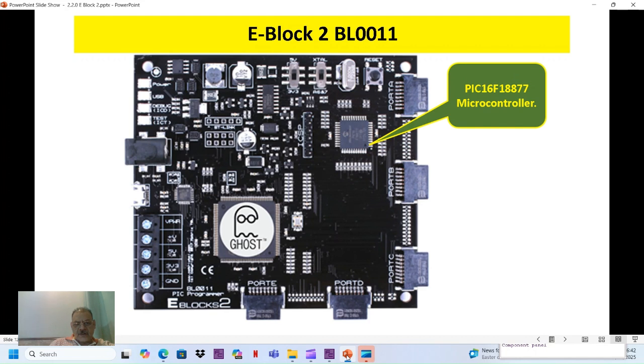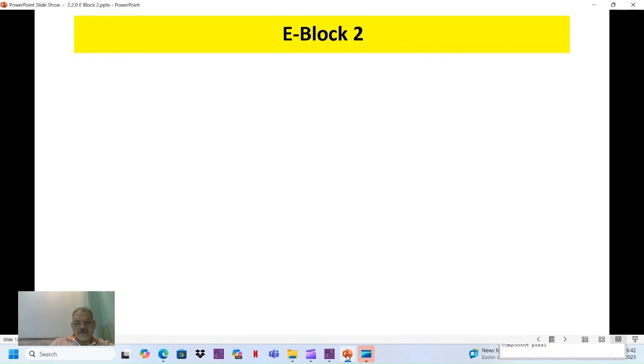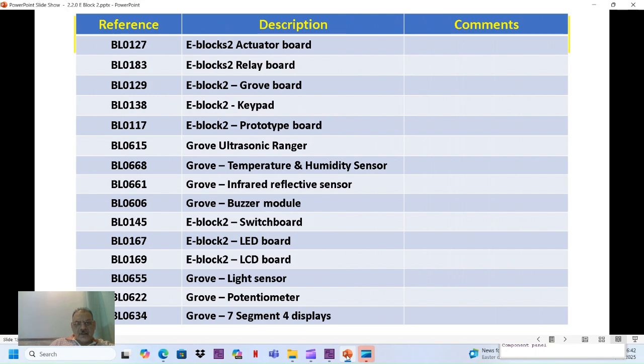This E block makes your job easy. You can connect the port connectors, different ports, and as this E block is available, similarly there are other small little blocks which are used for doing the projects. Now these are the description of different E blocks, and these are available in one of the colleges.